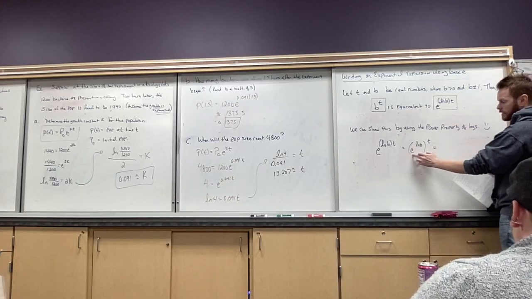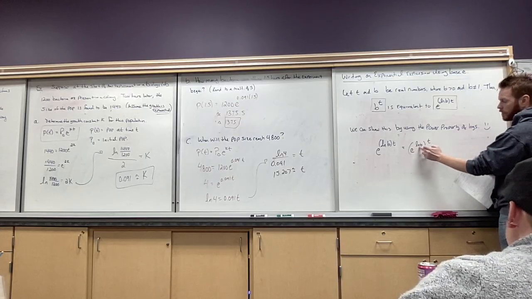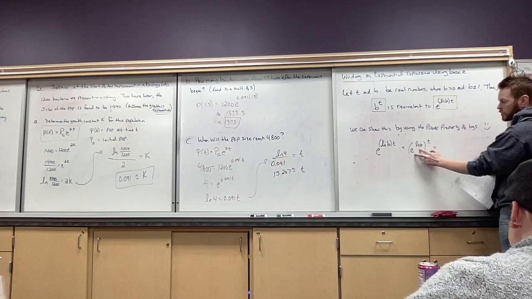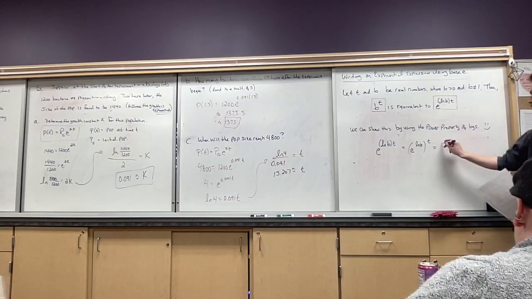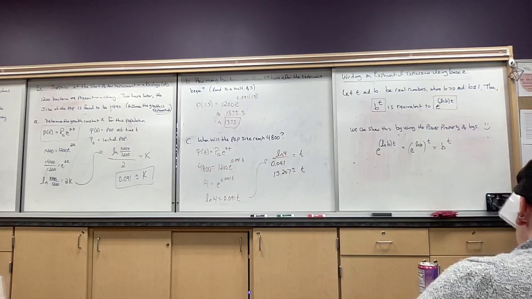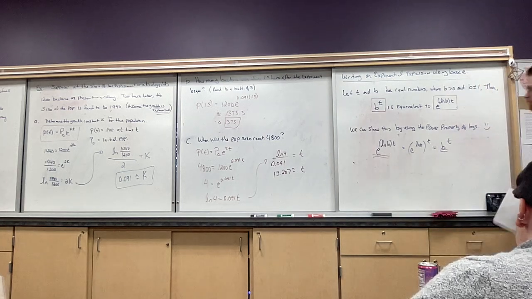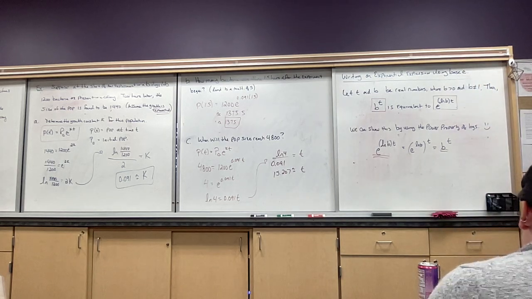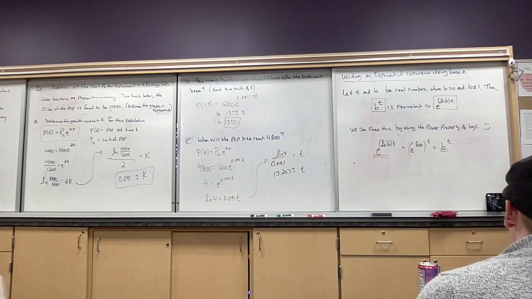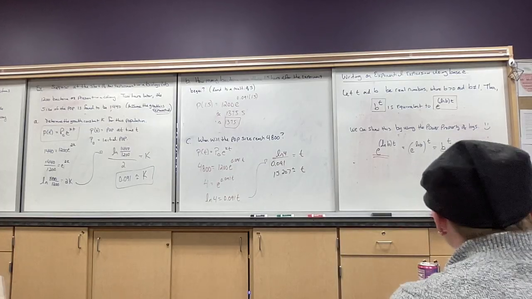Because this has the same base, e and e, this whole thing simplifies to just the argument, which is b, and then we still have the t power there. So there we go, these are equivalent to each other.